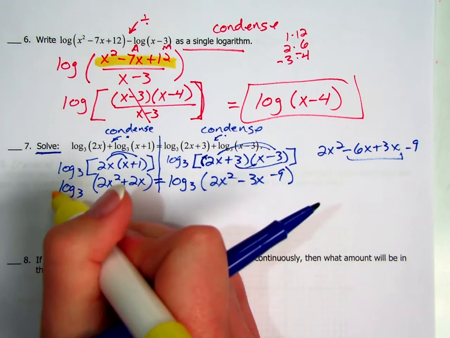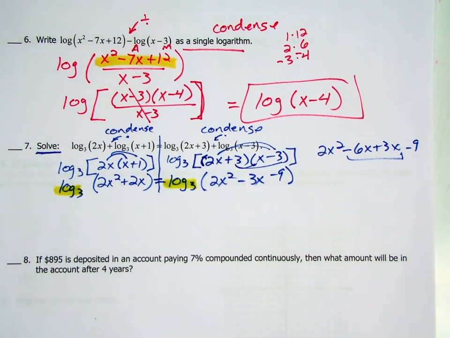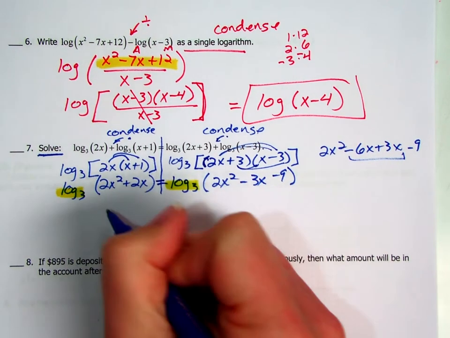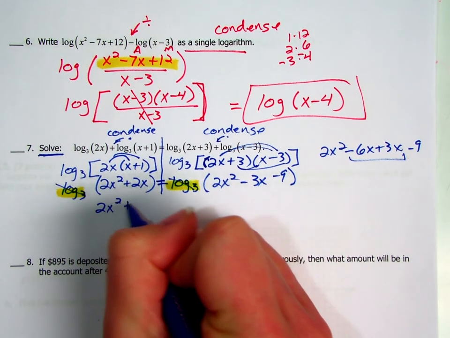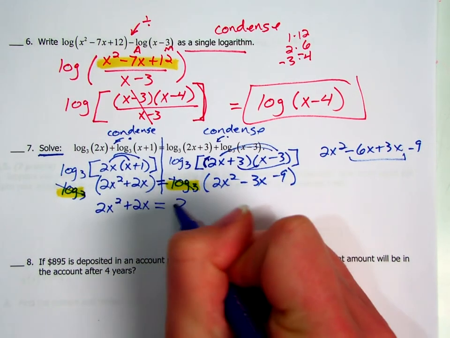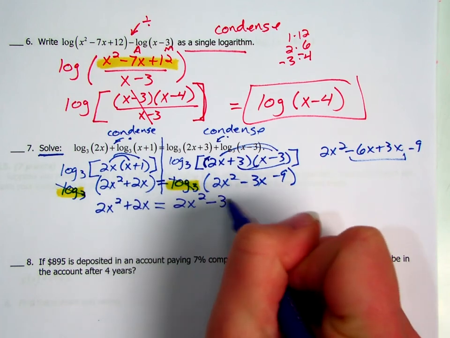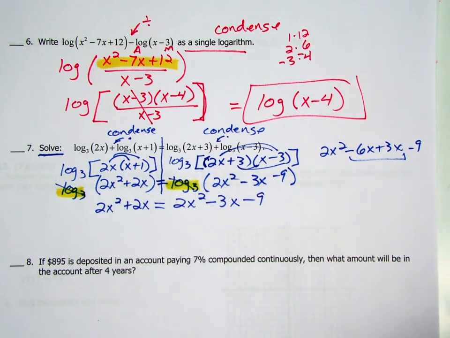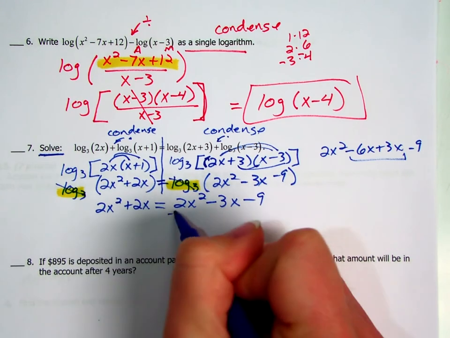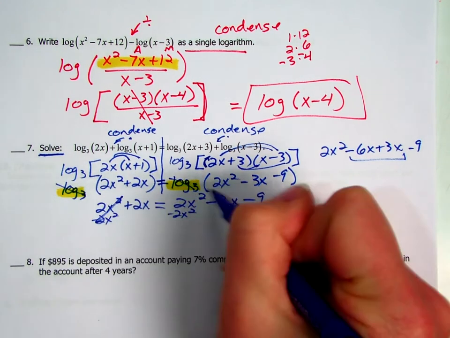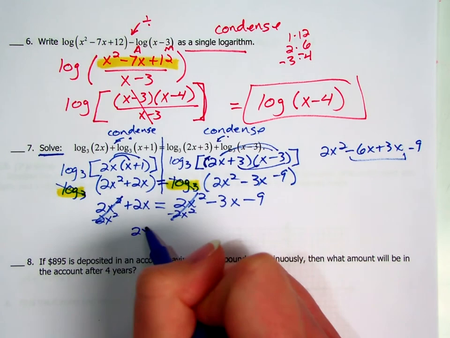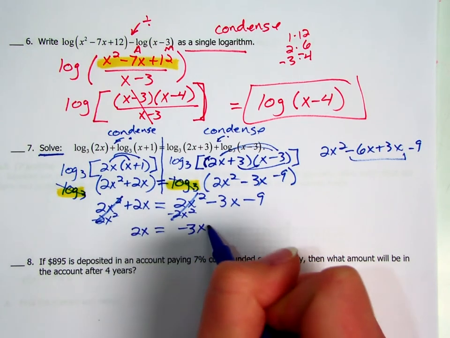Now, the next step is to try to actually solve this. And since we have the logs with the same bases, that means that what's inside them has to be the same as well. So we can just get rid of that and say 2x squared plus 2x has to equal 2x squared minus 3x minus 9. So now my goal is to get everything together. So I'm going to move my 2x squared over by subtracting it, which really means that these just cancel out, leaving me with 2x equals negative 3x minus 9.